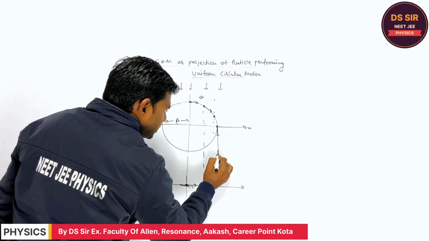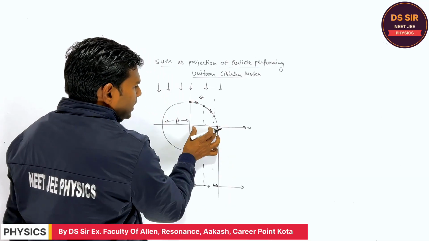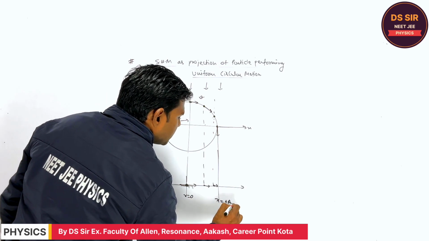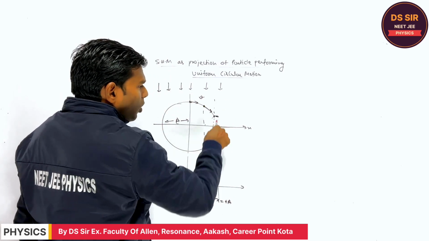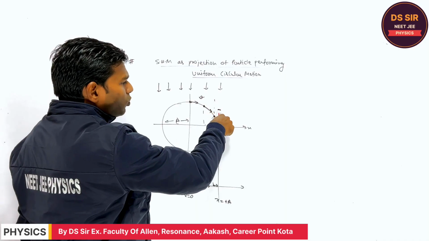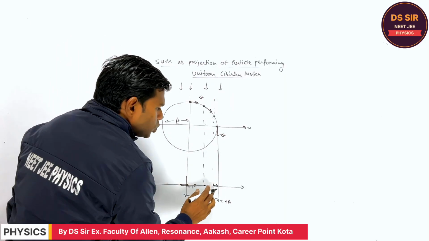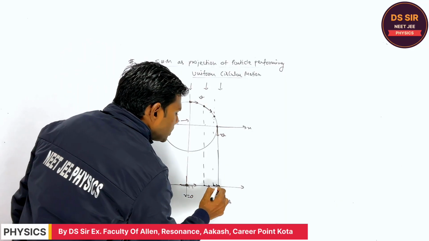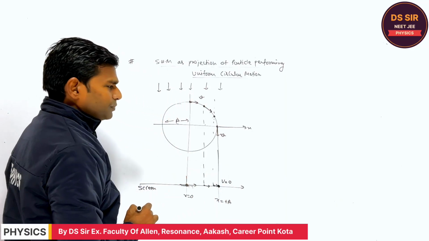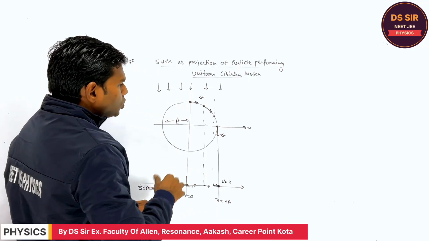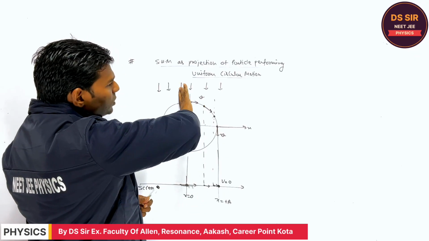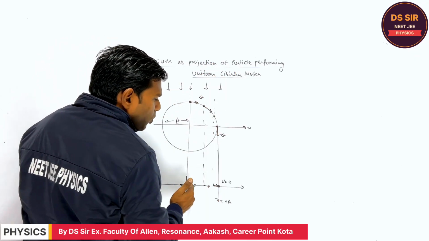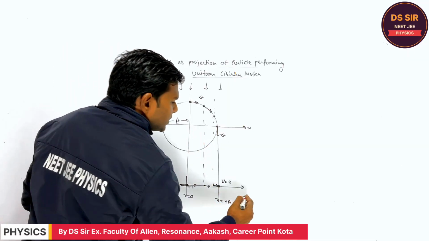When the particle reaches this point, and this is the radius a, this is x is equal to 0, this is x is equal to plus a, the particle performing circular motion is moving in this way. So its projection speed on the x-axis is what? So its speed becomes 0. Are you getting or not? So if the particle is moving in this way, its shadow is moving in this way on the x-axis.